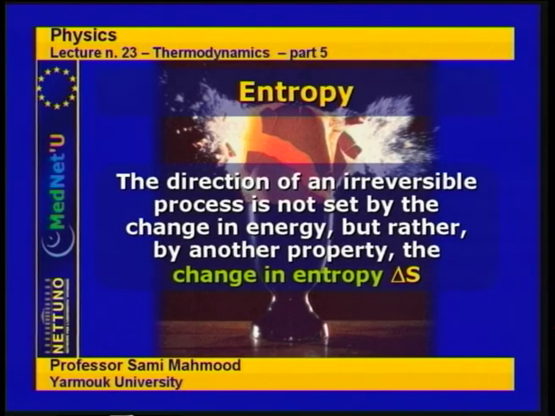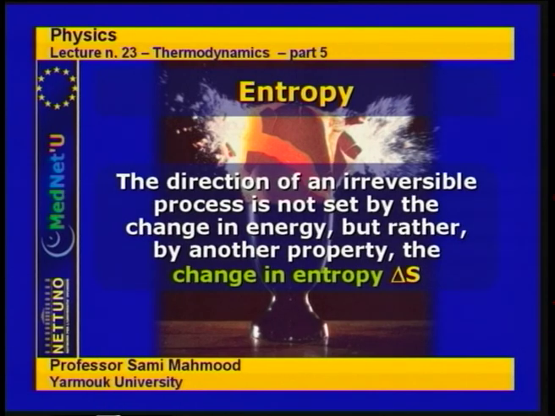Entropy is a new physical quantity, and the direction of an irreversible process is not set by the conservation of energy. The direction is not dictated by the change in energy in that sense, but rather by the change in this new property of physical systems, which is the change in entropy.